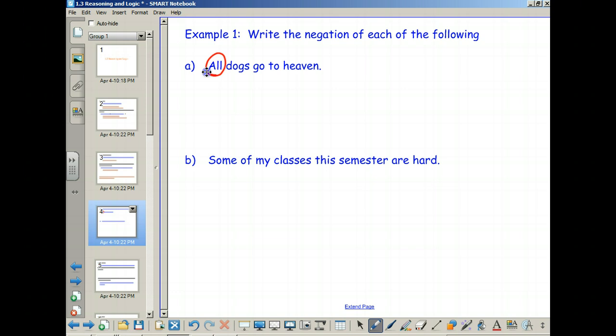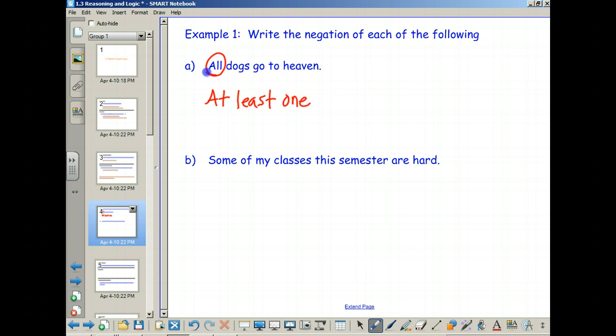So I need to take the word all and turn it into an existential quantifier. I could change it to the word some, the phrase at least one, or there exists. Any of those would be sufficient. I'm going to do at least one, for no particular reason.